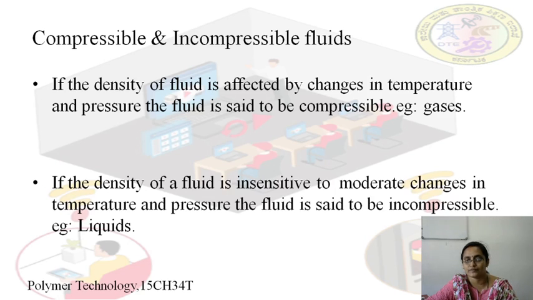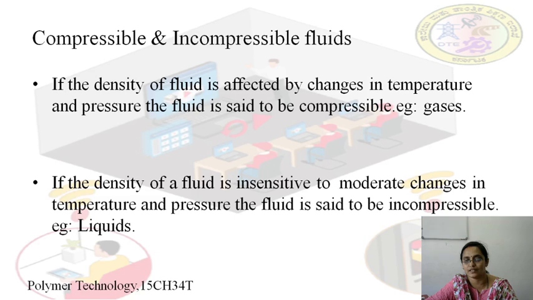Incompressible fluid. Let me read the slide. If the density of the fluid is insensitive to moderate changes in temperature and pressure, the fluid is said to be incompressible. Example, liquids. So, if the temperature, pressure or any external force does not affect the density of the fluid, then it is said to be an incompressible fluid.